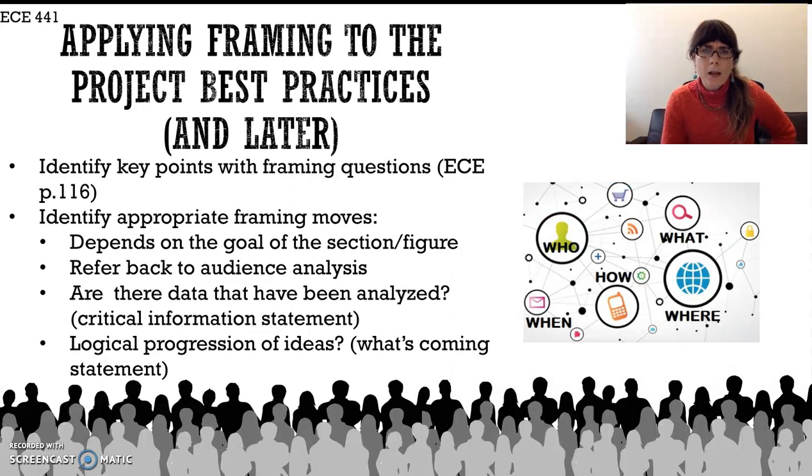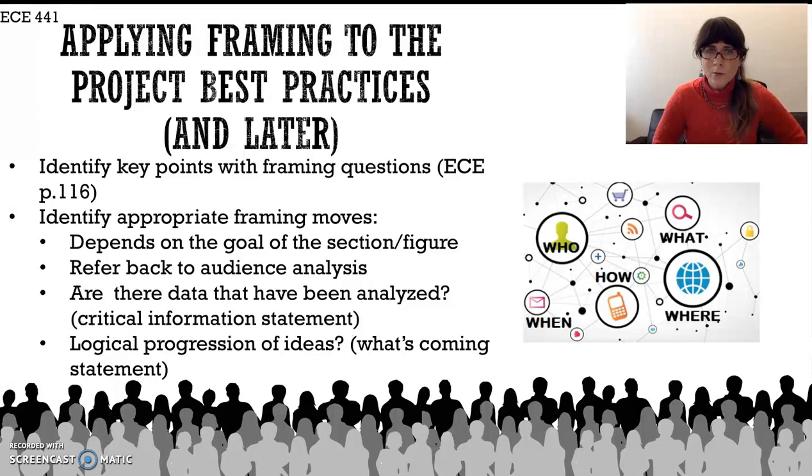Finally, I want to present some different applications for framing in terms of your best practices report. You can refer to page 116 in your engineering communications book. We're also going to do an activity with some of those questions. I should say those are the questions that help you develop appropriate framing. So definitely check out that page in your book and come to class on Monday and we'll do an activity.